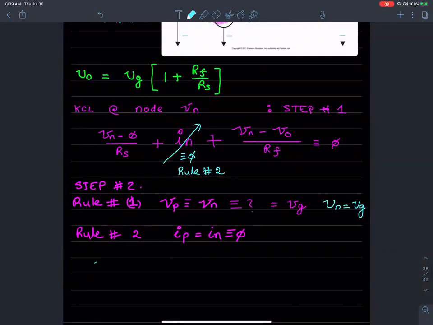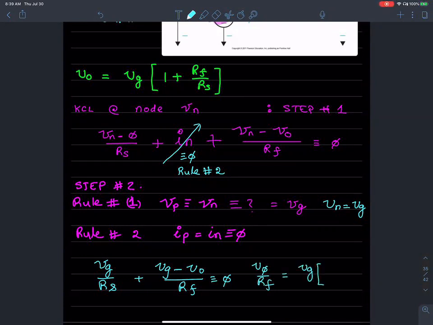So let's rearrange these equations. When I plug in Vn equals Vg, plus Vg minus Vo by Rf, all of that equals 0, meaning V naught over Rf equals Vg times 1 over Rs plus 1 over Rf.